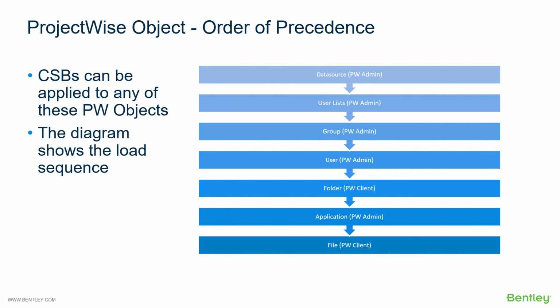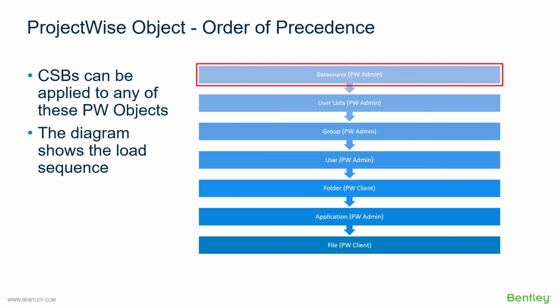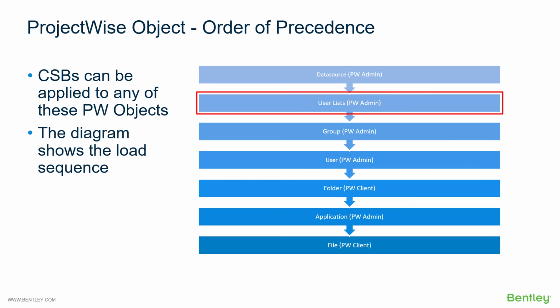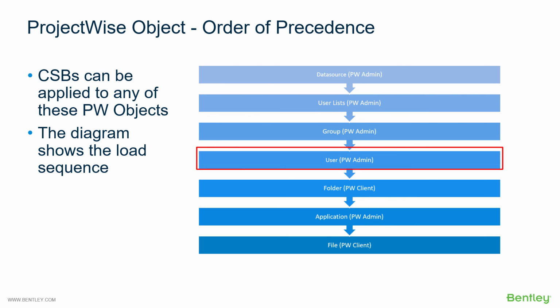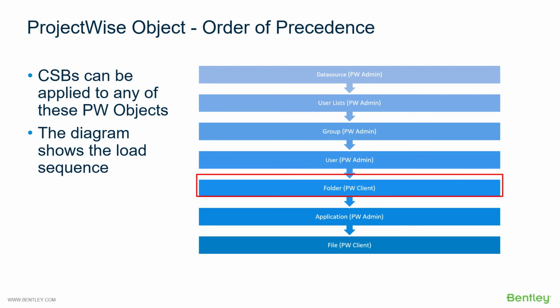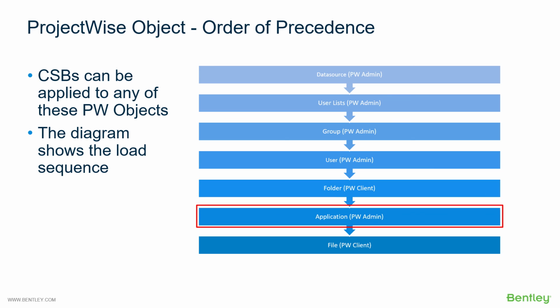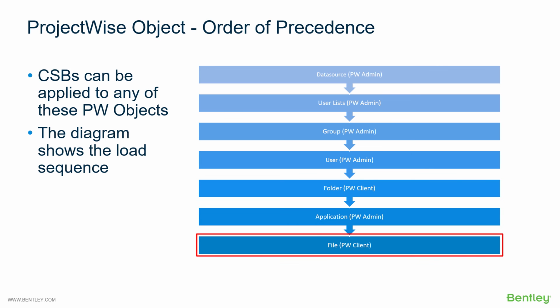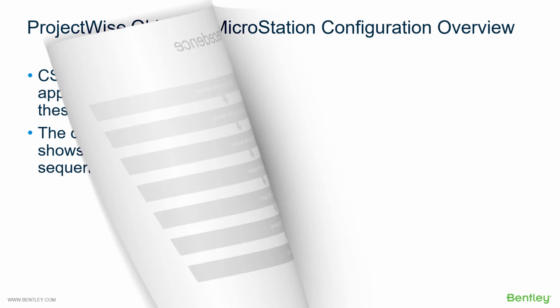Let's look at the order of precedence of how CSBs will load on the multiple objects within ProjectWise. First, we load on the data source, then user list, groups, then users, then folders, then application, then lastly the file.